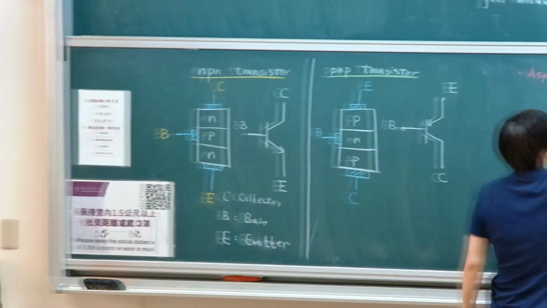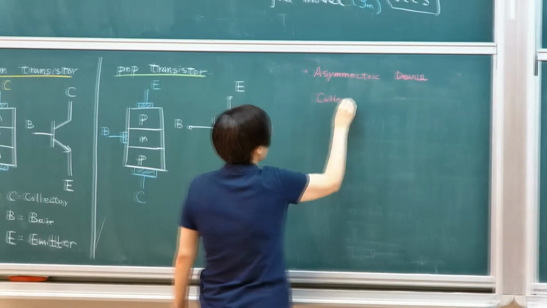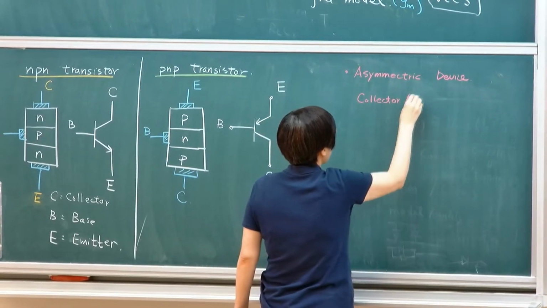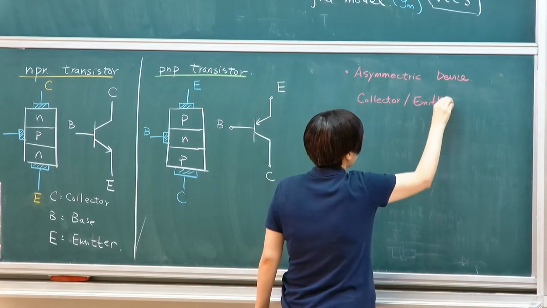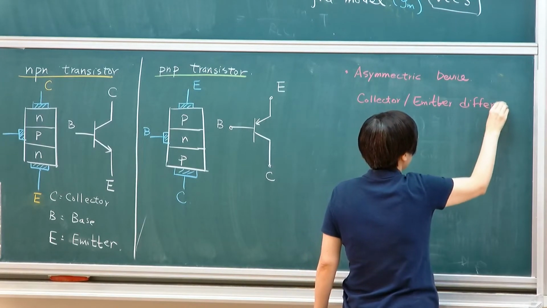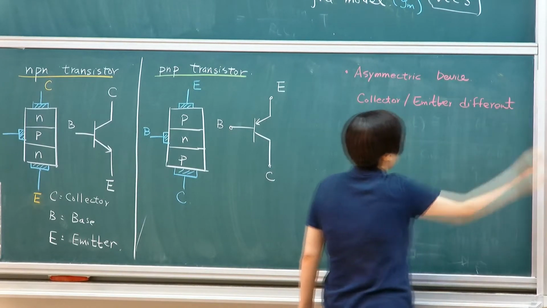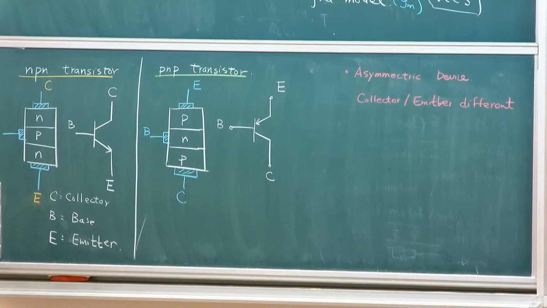Even though it looks the same, collectors and emitters are typically made differently, even though they are the same type. For example, the doping concentration is drastically different. Okay?